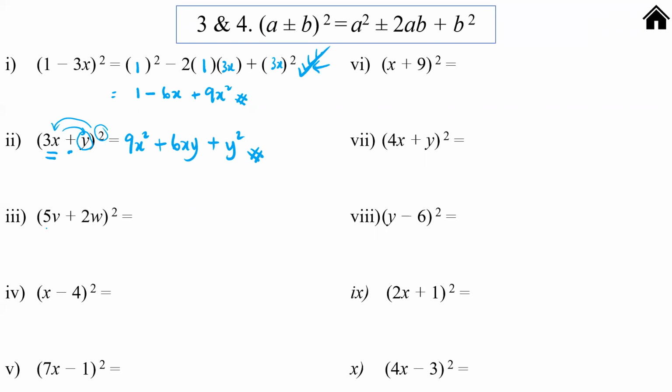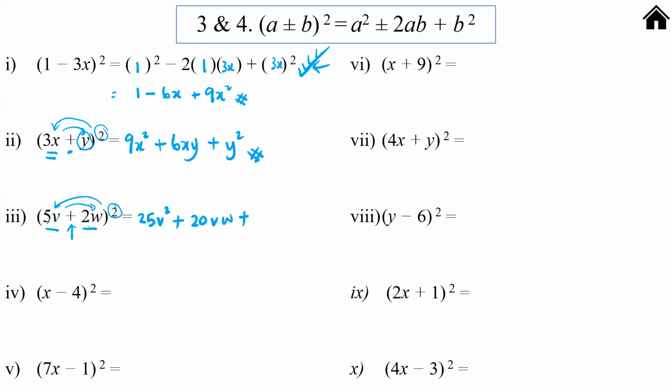Okay, next we will have 5v and 2w. So a squared will be 25v squared plus, because this is plus, 2 times 5v times 2w. So the numbers first. 2 times 5 is 10, 10 times 2 is 20. Settle the number, settle the variable. v times w is vw.